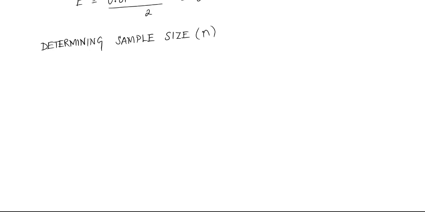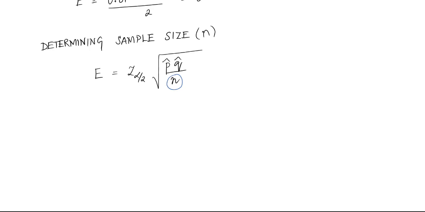All right. So again, we already had this formula, right? You need the margin of error, of course. So we saw that E is Z alpha over 2 times the square root of P hat Q hat over n. And this is what we're going to use to get n by itself.